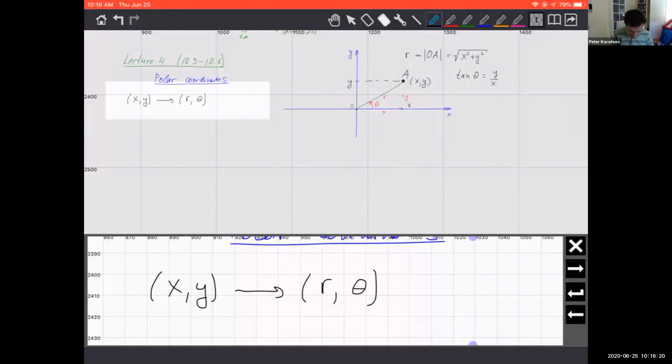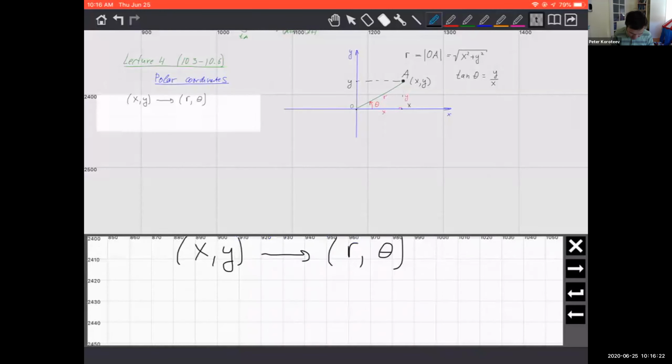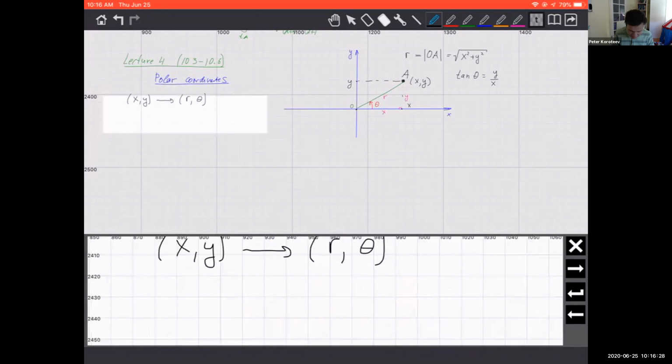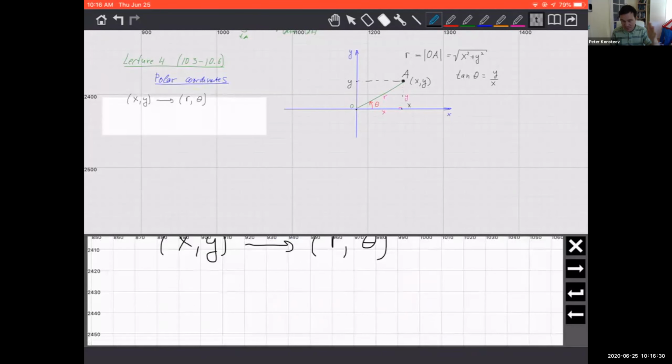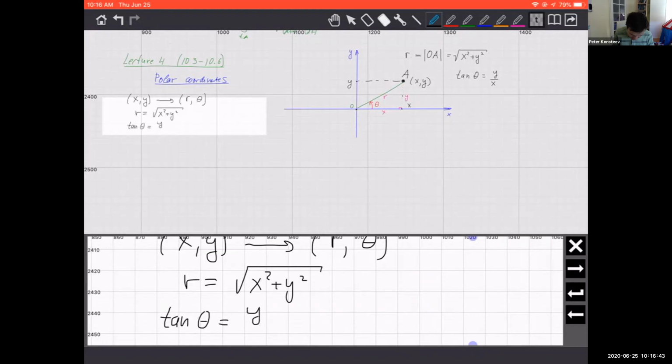Using this formula over here, let's write them again. We want to be able to change coordinates in both directions. First, r is equal to the square root of x squared plus y squared, and tangent theta is equal to y over x, or the inverse.